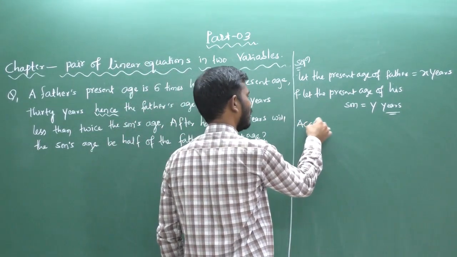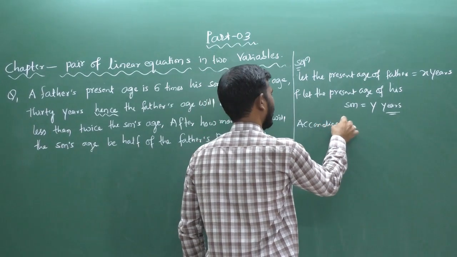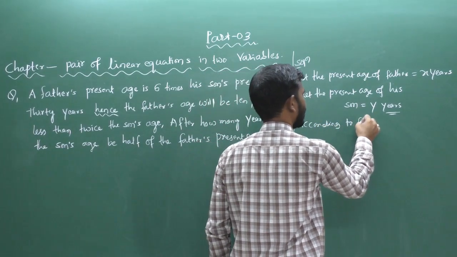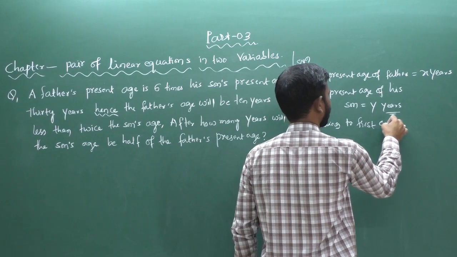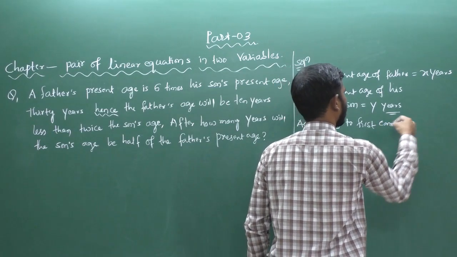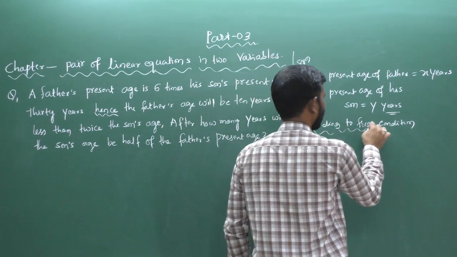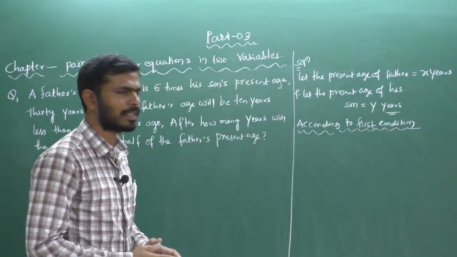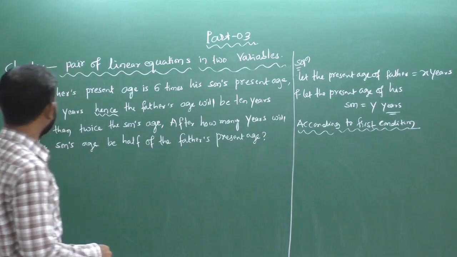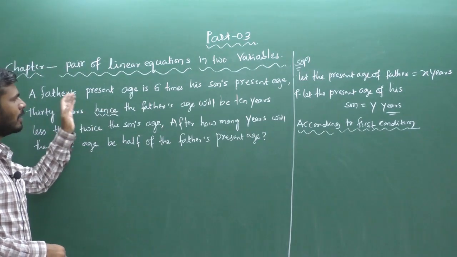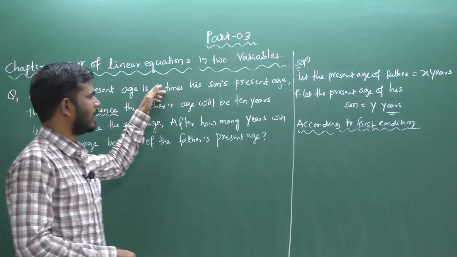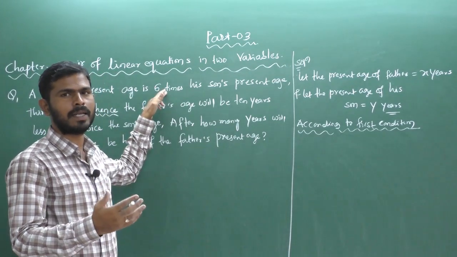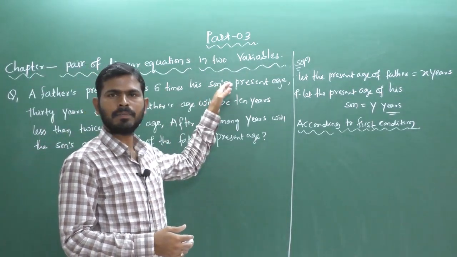Next, according to the first condition, a father's present age is 6 times his son's present age. 6 times means you have to multiply 6 into his son's present age.